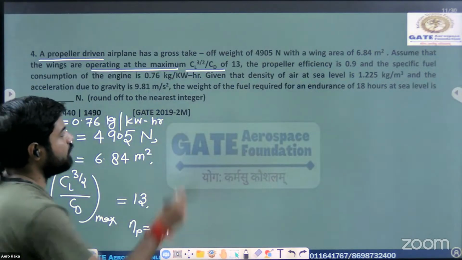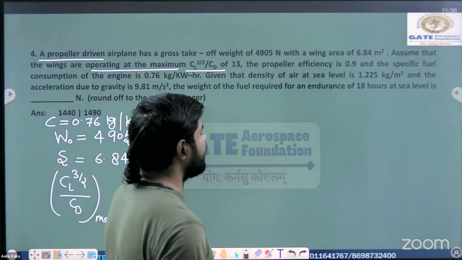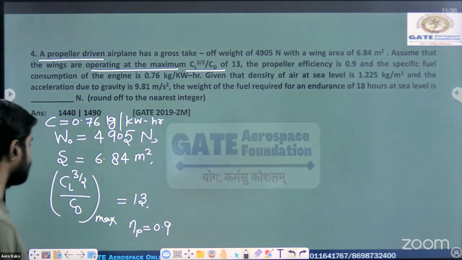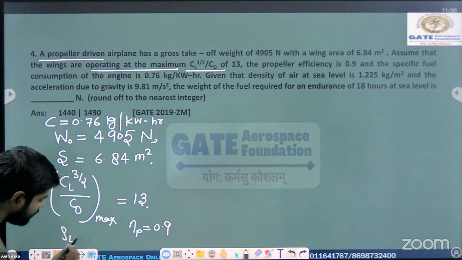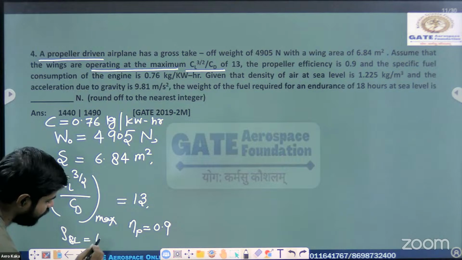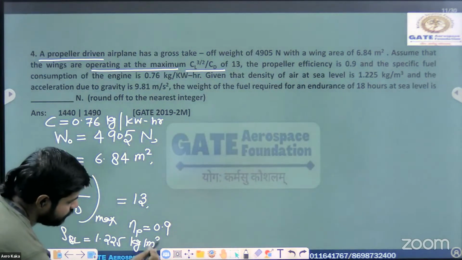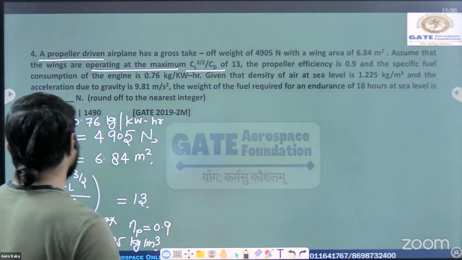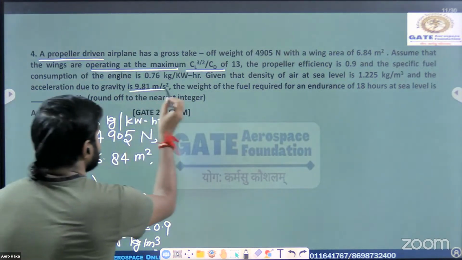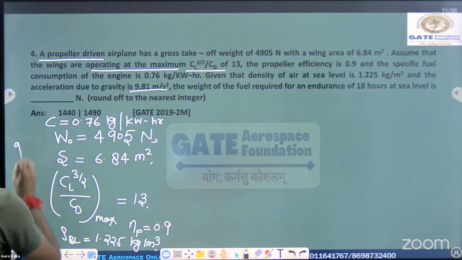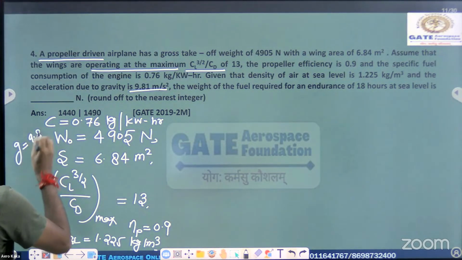Then it is given that the density of the air at sea level is 1.225 kg per cubic meter, and the acceleration due to gravity is 9.81. So g is given here as 9.81.